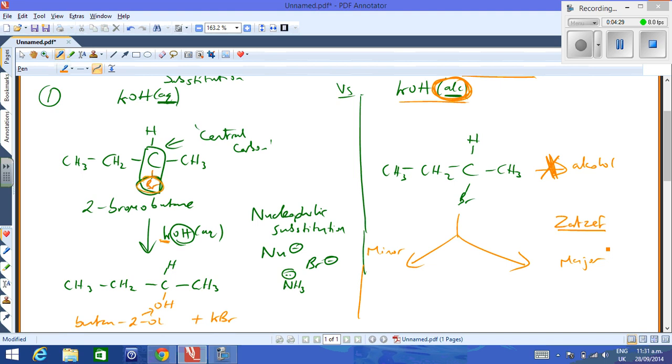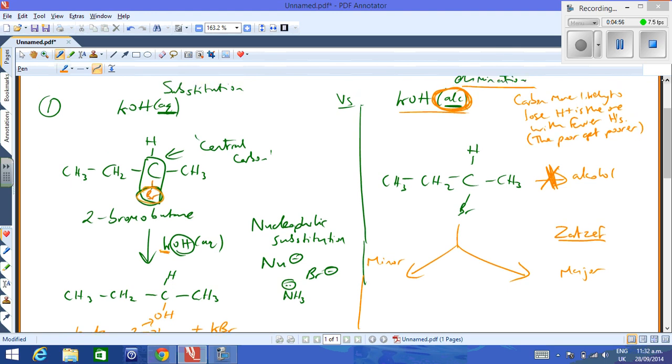Zaitsev's rule is as follows, so I'll write it up here: the carbon more likely to lose the hydrogen is the one with the fewer hydrogens. Sometimes your books like to refer to it as the poor get poorer. So the hydrogen-poor carbon will get poorer.